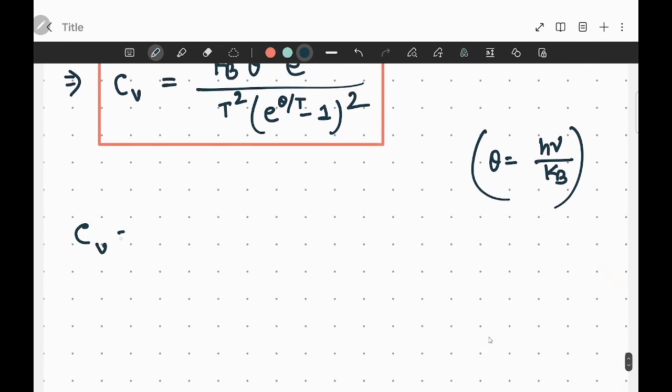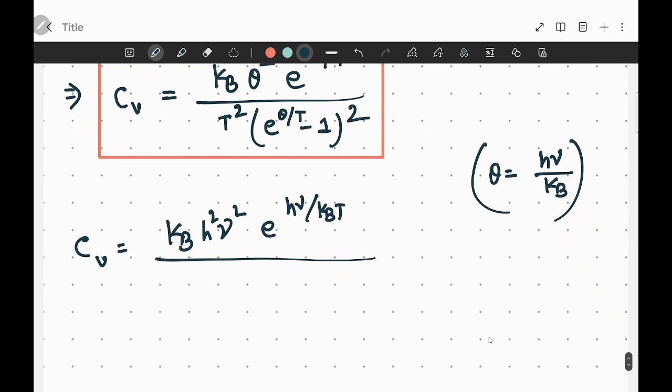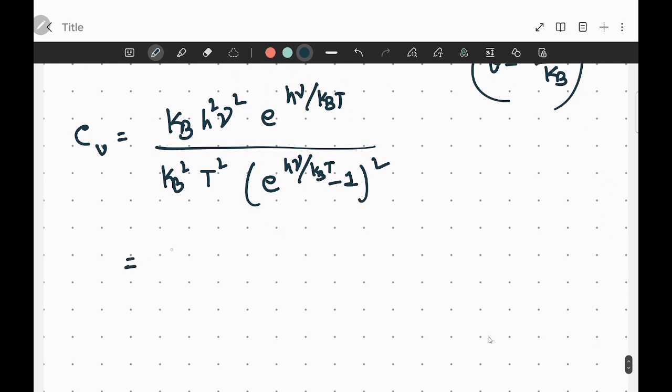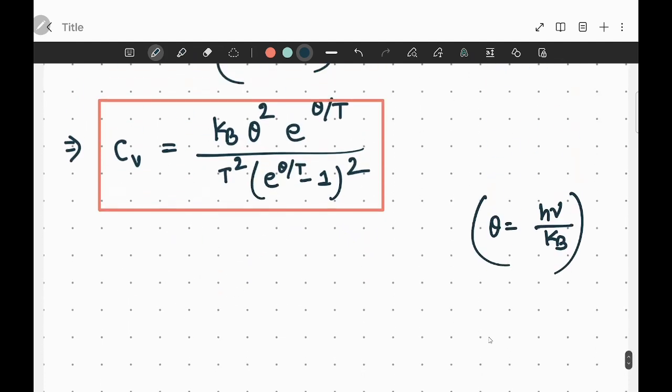Then it will be kb h square nu square e to the power h nu by kbt, divided by kb square t square e to the power h nu by kbt minus 1 whole square. So it's better to keep it in the theta form, because here nothing will be simplified. It will be more messy. So that is the formula.